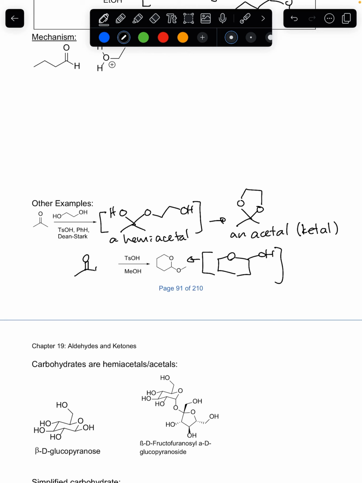So the starting material would have been, let's see, 1, 2, 3, 4, 5 carbon chain, and on that fifth carbon you would have had an alcohol, which is right here, and then this would have become that. So that's what we are saying, and it's this carbon that was an aldehyde.